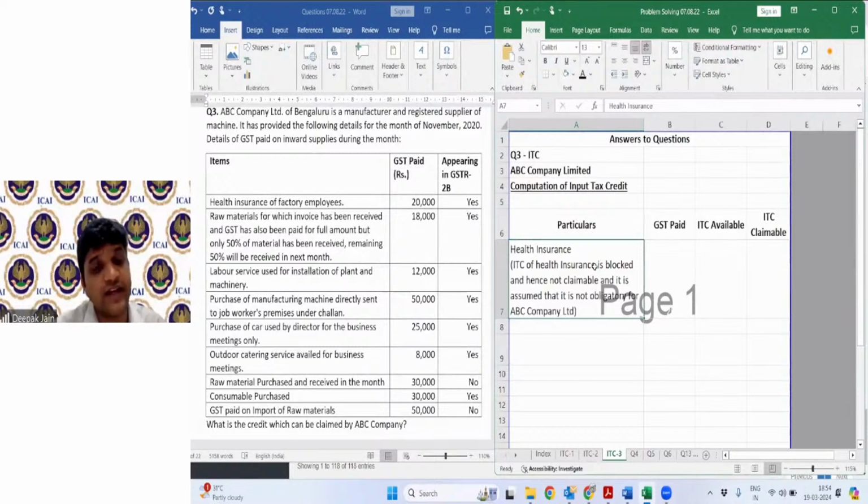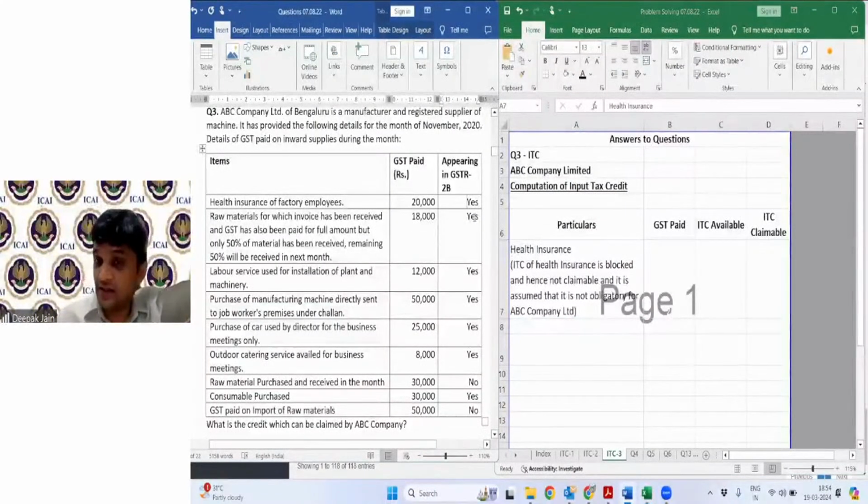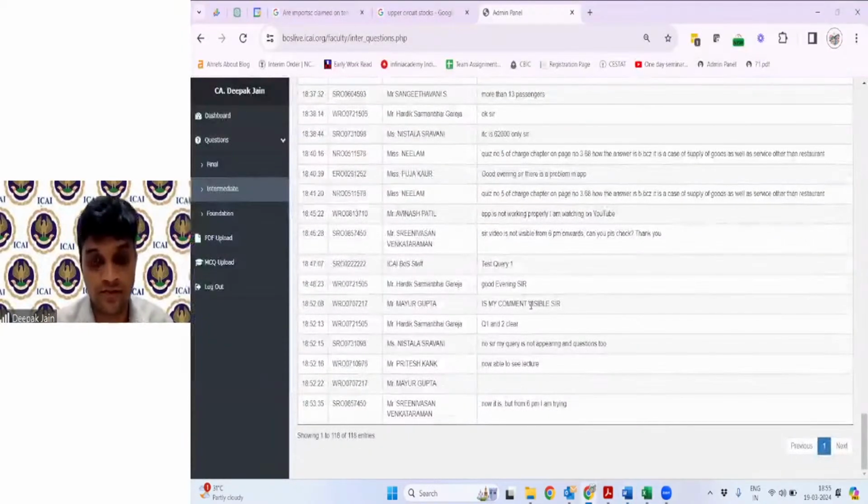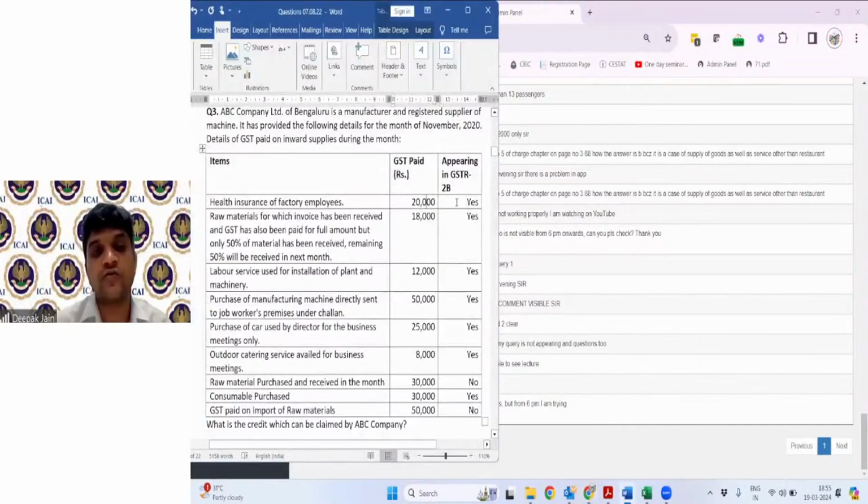Health insurance, ITC is blocked, but it is appearing in my GSTR 2B. Can I claim it? If appearance in GSTR 2B is the criteria, can I still claim it?